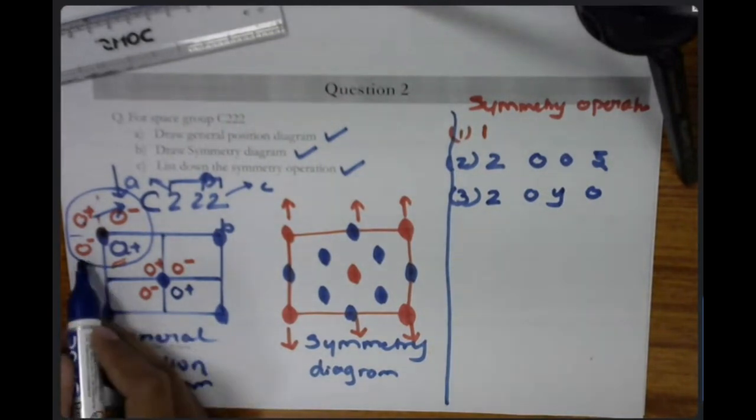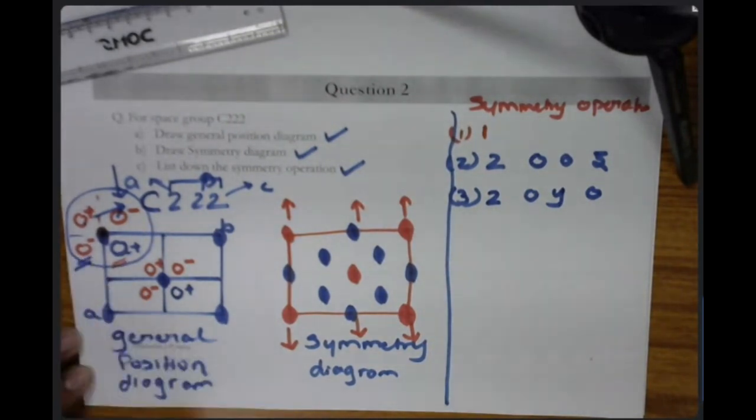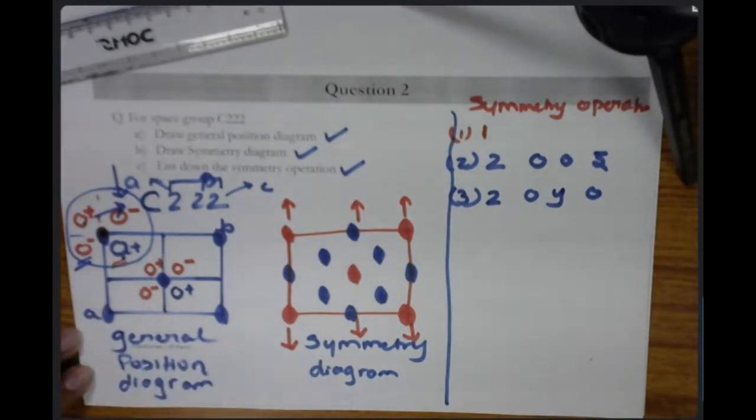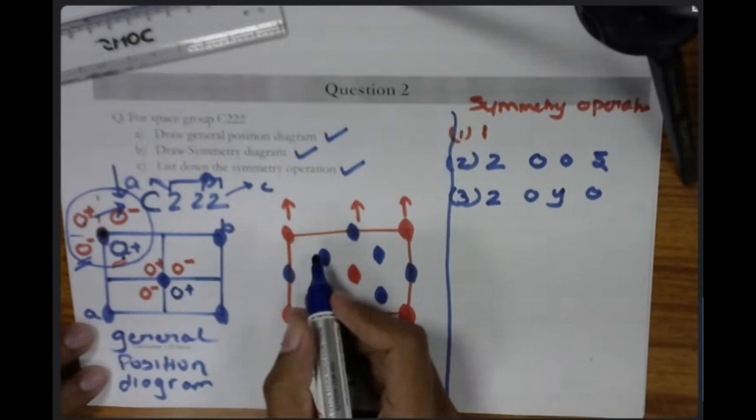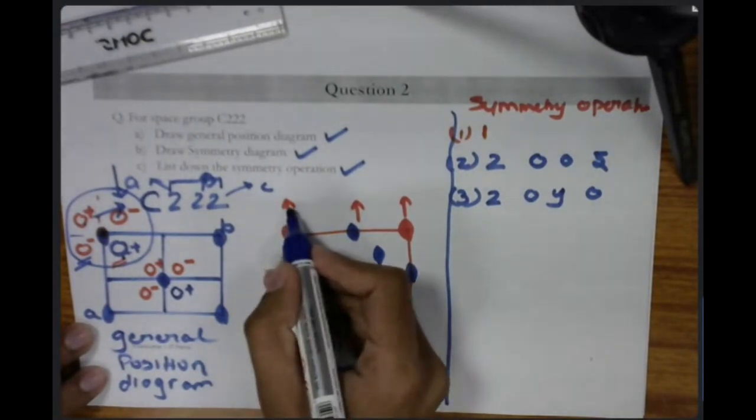Now, how can one get this particular point, starting from this point itself? It can be done by this particular rotation, right?